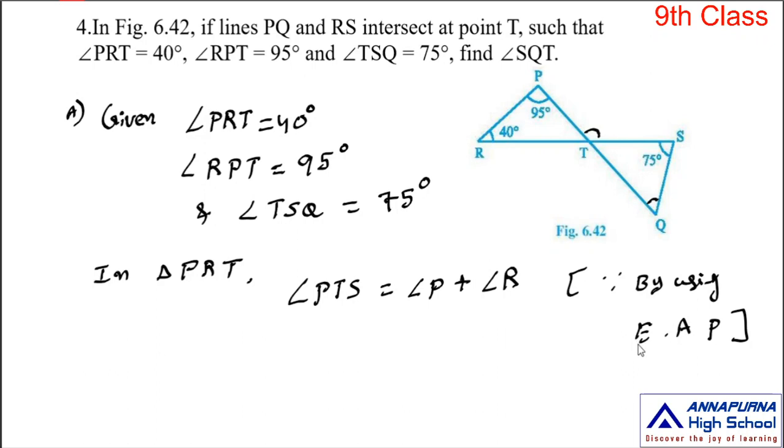EAP means exterior angle property. One exterior angle is equal to the sum of the two opposite interior angles.